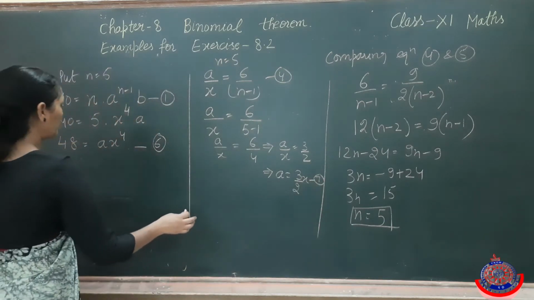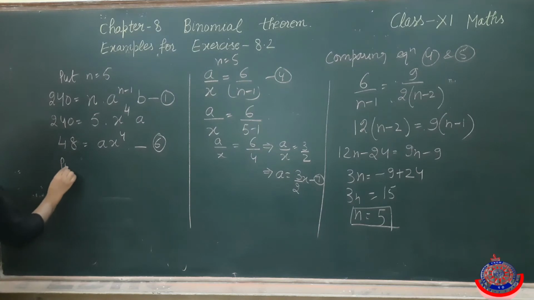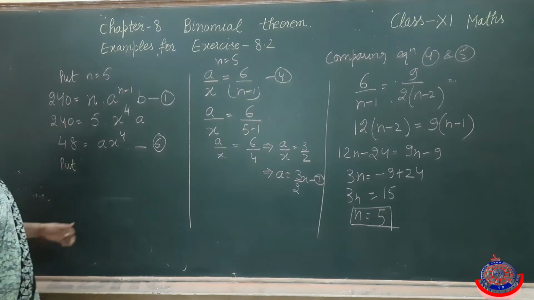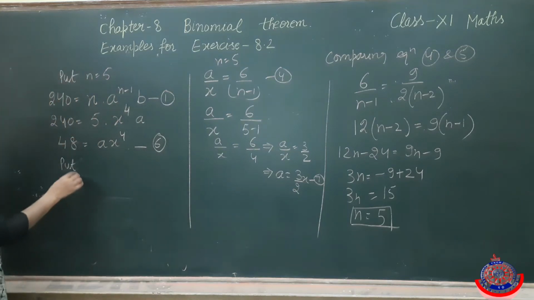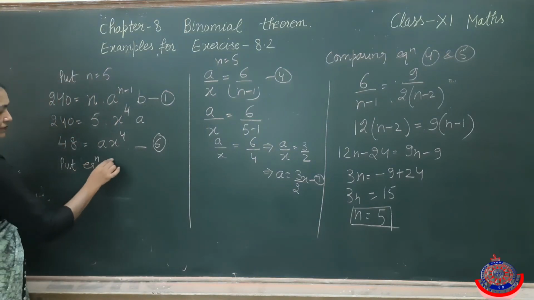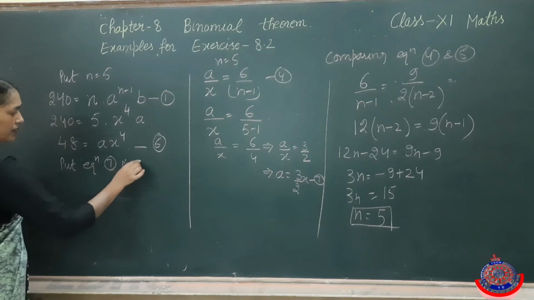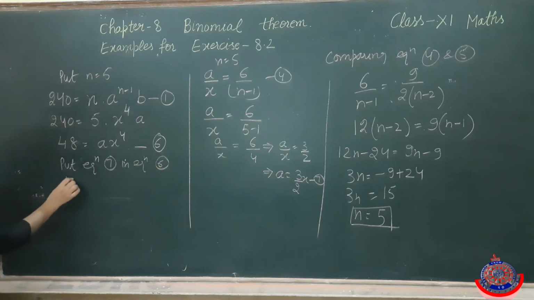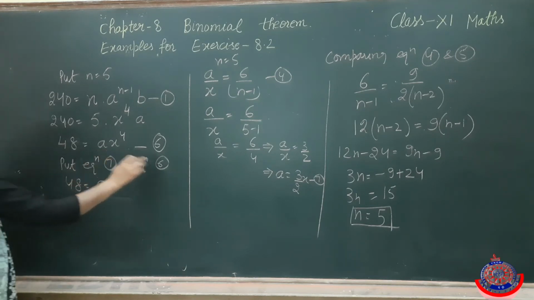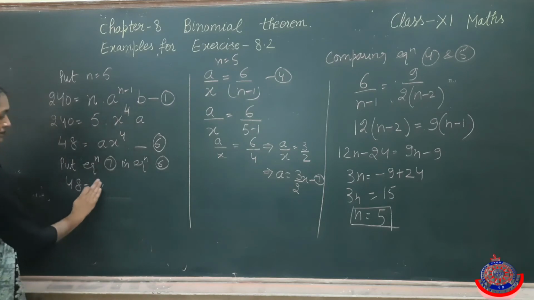So putting equation number 7, or by elimination method, whatever method you can use, solve equation number 6 and 7. Put equation 7 in equation number 6. 48 is equal to, in place of a, 3 upon 2x will come.